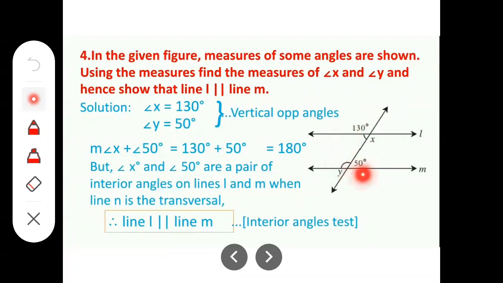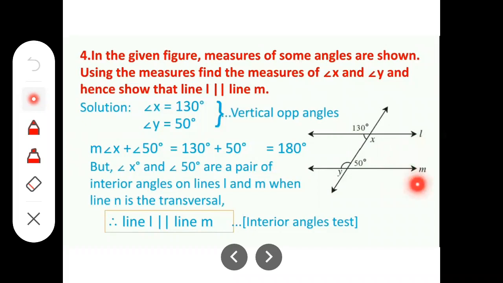Using the measures, find the measures of angle X and angle Y. Angle X is mentioned here and Y is mentioned here. And hence show that line L is parallel to line M.